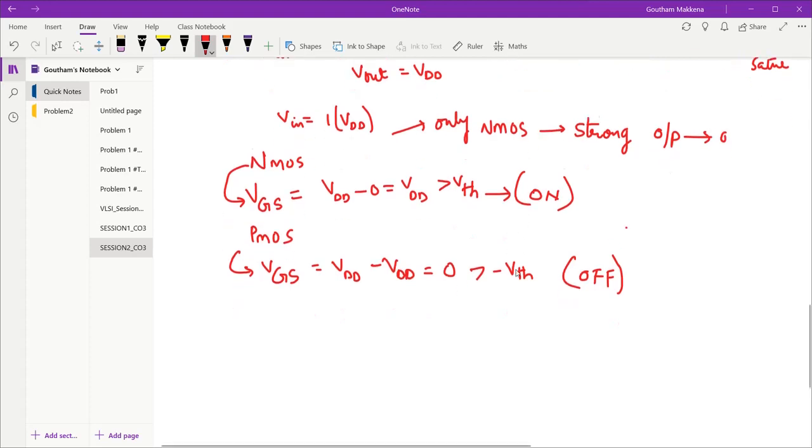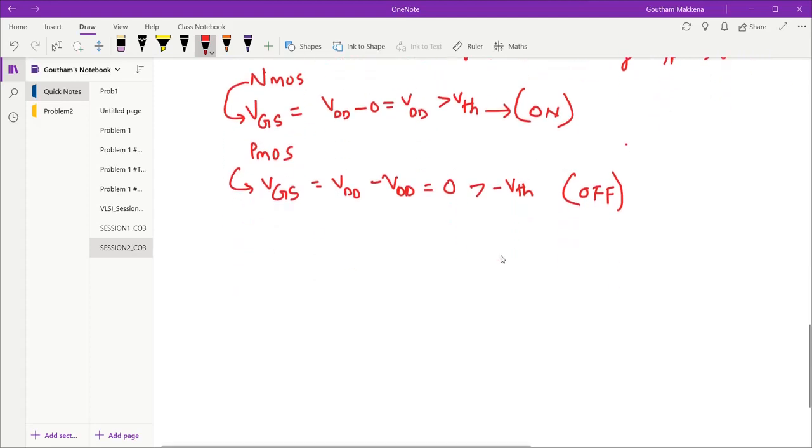So let me draw my conclusions here. When the input is 1, the NMOS is on.